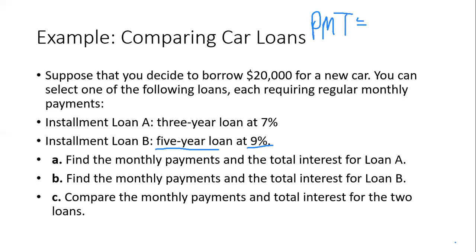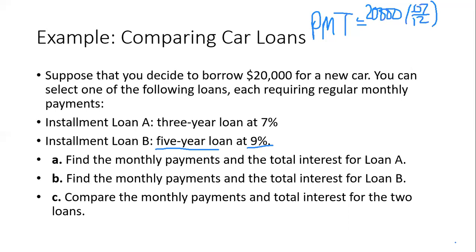We have P, the amount of the loan, is $20,000, and that multiplies by R over N. For loan A, the rate was 7%, so 0.07 over 12, because it is monthly payments.